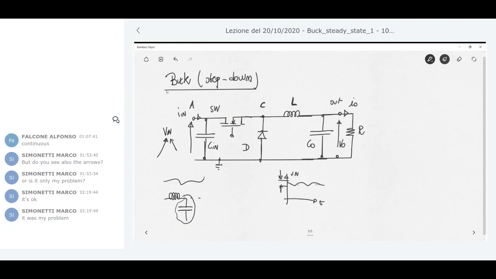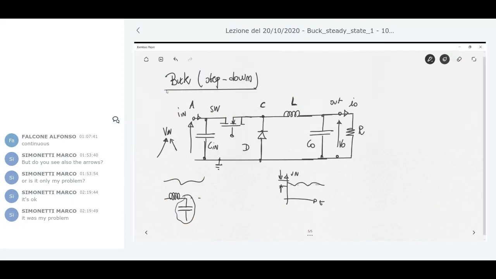Of course, if this Vin is totally constant, this capacitance has less meaning. But anyway, I can regard this input capacitance as something that remains when I look at the filters that you can put at the input to avoid the emission of electromagnetic noise in the environment.